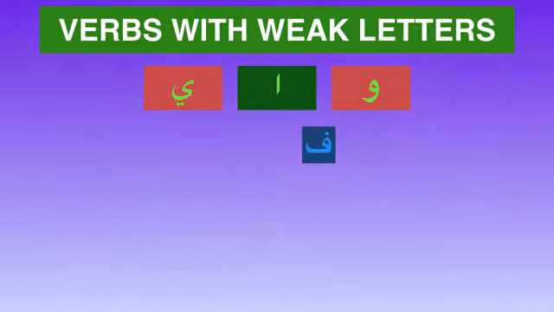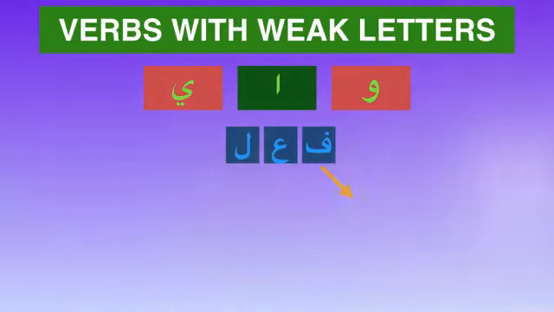So we have waw, which can go behind alif, and we have ya, which can also go behind alif. Now coming to the fa'al, we're doing the three-letter fa'al, which has a fa kalima, ayn kalima, and lam kalima. These three letters, waw, alif, and ya, can come anywhere in these three letters of the fa'al.